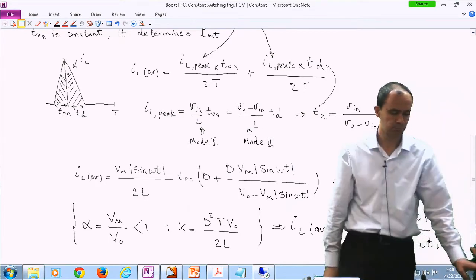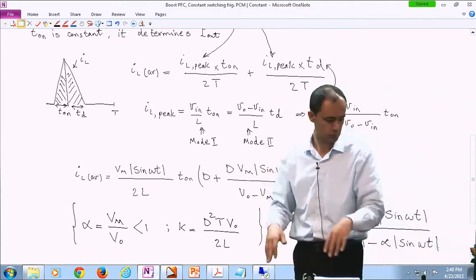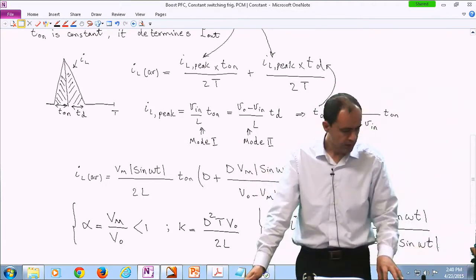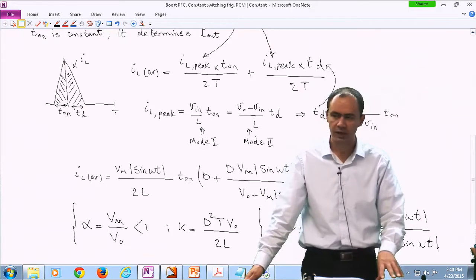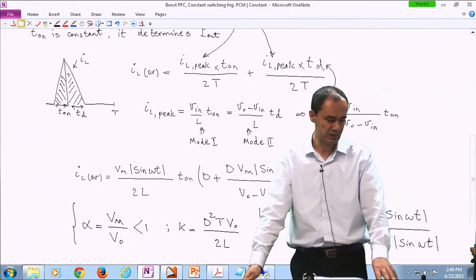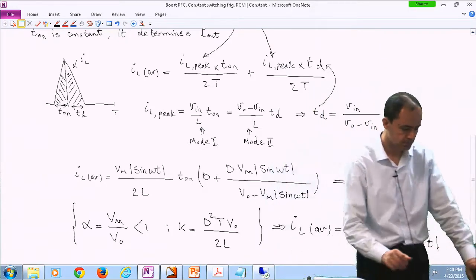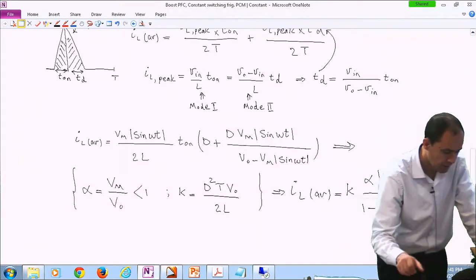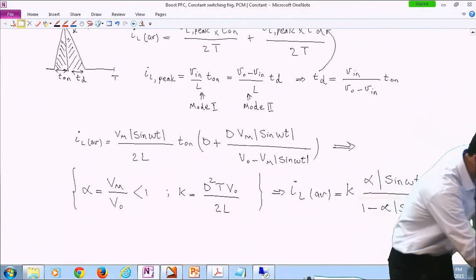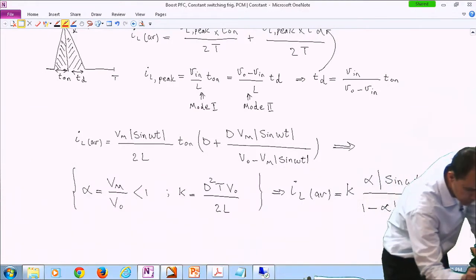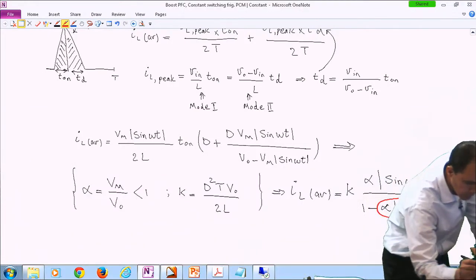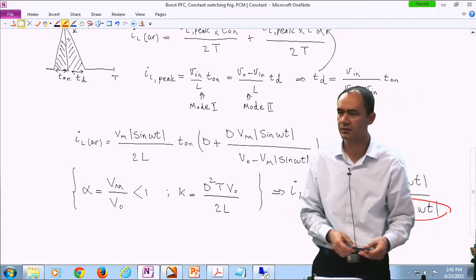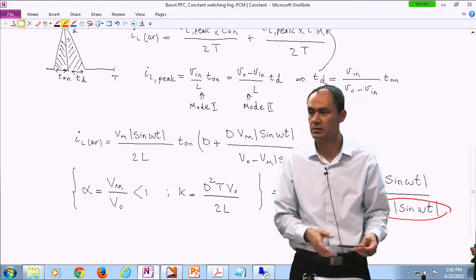Okay, it's just defining a parameter. So you can see that the moving average of the inductor current is not sinusoidal, but it has sine terms in it. And if magically I eliminate this portion, it will actually become sinusoidal, because it's going to be just K alpha times the sine signal, basically.